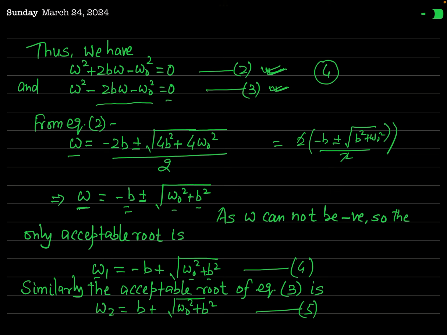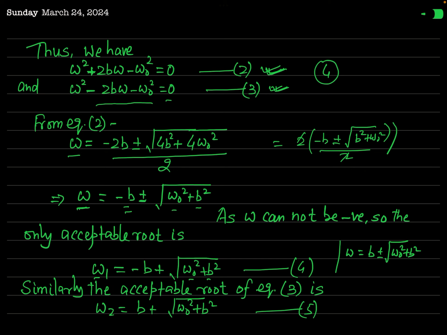Okay. In a similar manner, you can solve this equation 3. Can you solve it or not? Definitely you can solve it. But there is a difference between these two equations. Here there is a minus sign in the second term, and the second term was plus here. So when you solve this equation 3, you will get two values of omega, equal to b plus minus root over omega naught square plus b square.